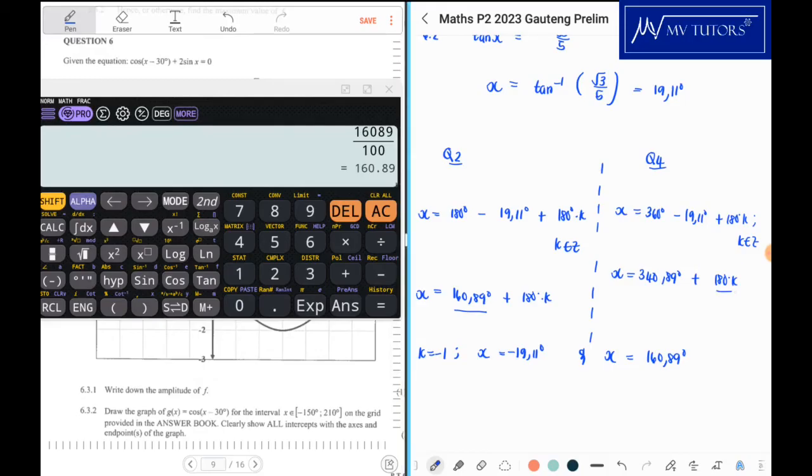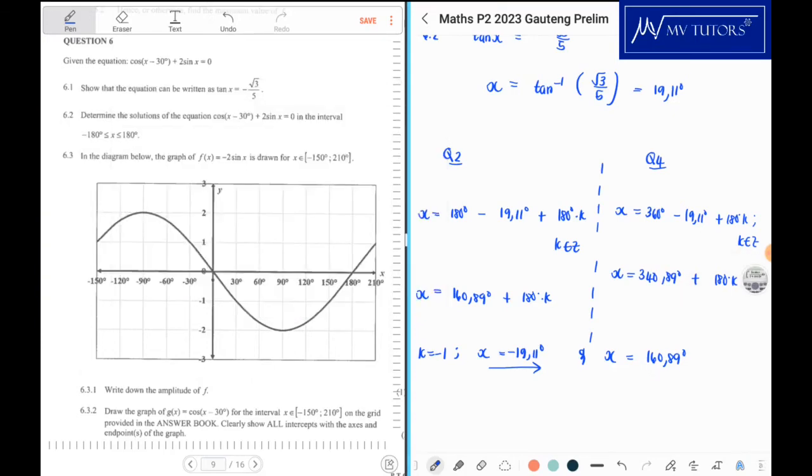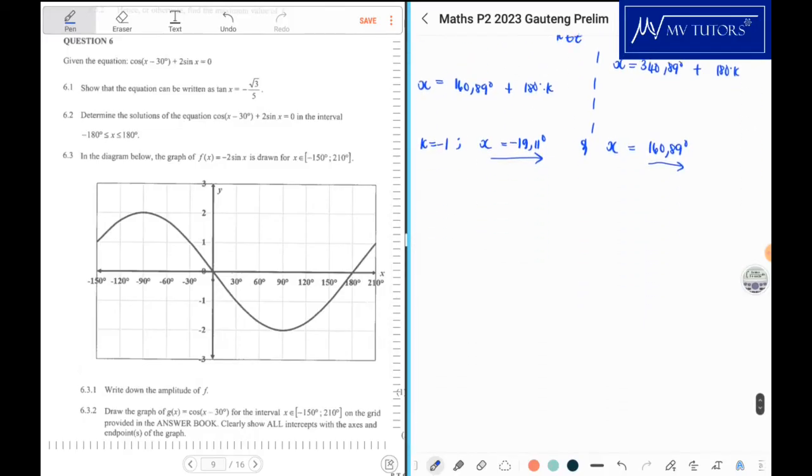But if I try k is equal to 0 here, I'm going to get 340, which is outside of the range. So I'm not going to do that. And if I take k is equal to 1, I get very big values. So at the end of the day, the two solutions that I will go for is x is equal to negative 19,11 degrees as well as 160,89 degrees. And we are done with 6.2.